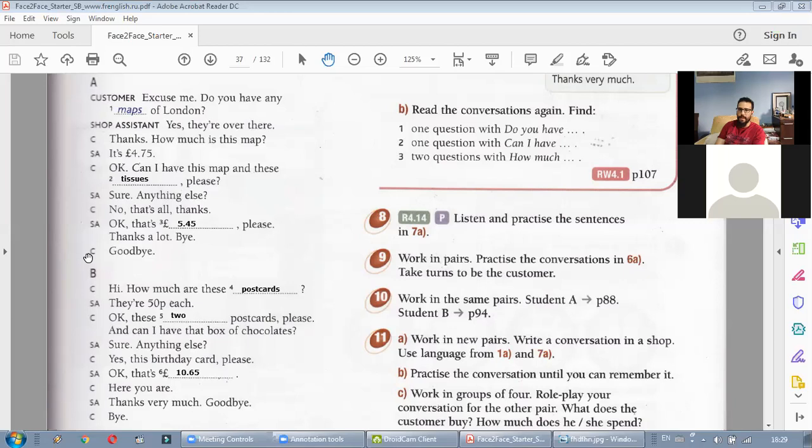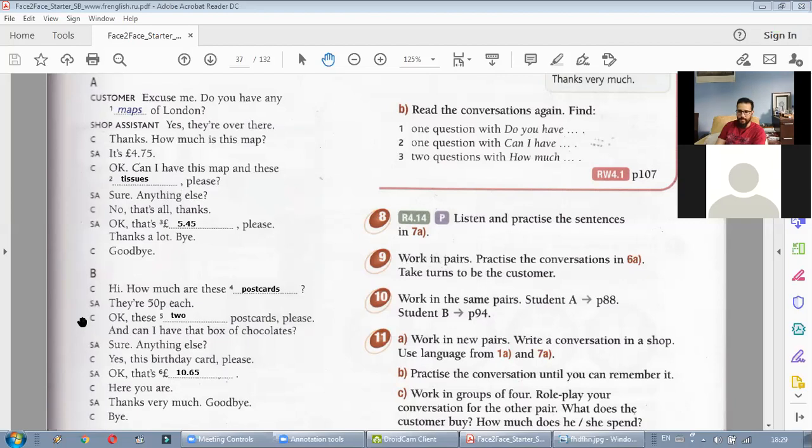Bye. Goodbye. Okay. معناته نجربوا نعكس المرة هذه أنا ندير أنت خذي كاستمر وأنا ناخذ الشوب أسيستنت. أوكي؟ أوكي كاستمر you can start. Hi. How much are these postcards? They're 50p each. Okay. These 2 postcards, please.